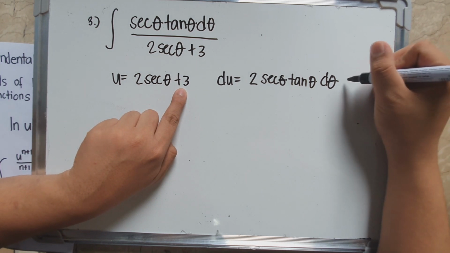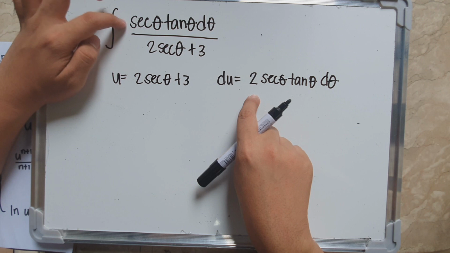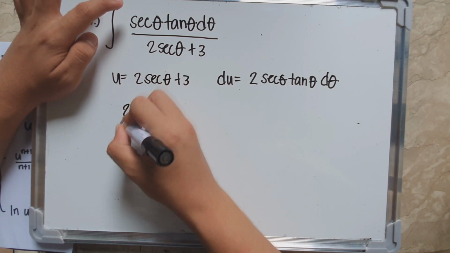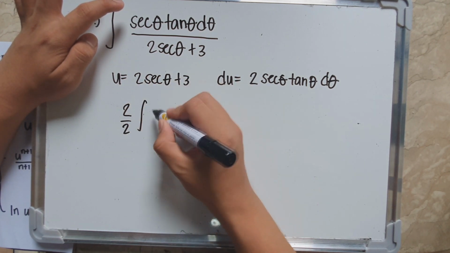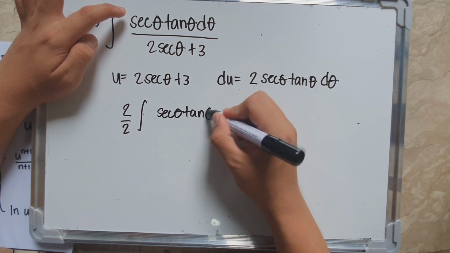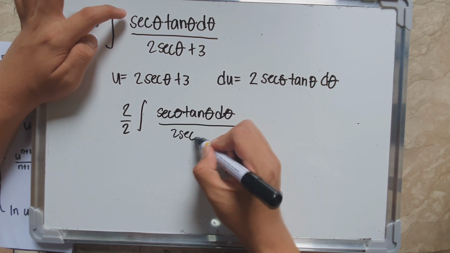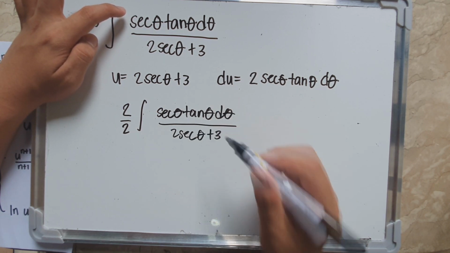The derivative of 3 is 0. The derivative of a constant is 0. We will be correcting this one again. 2 over 2 integral of secant theta tangent theta d theta all over 2 secant theta plus 3.